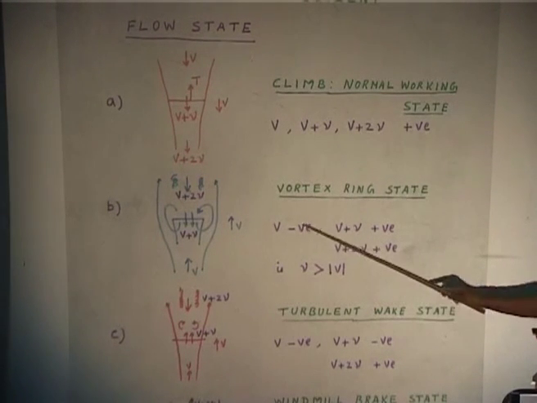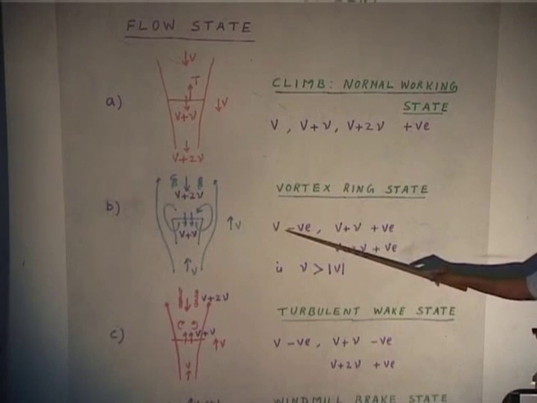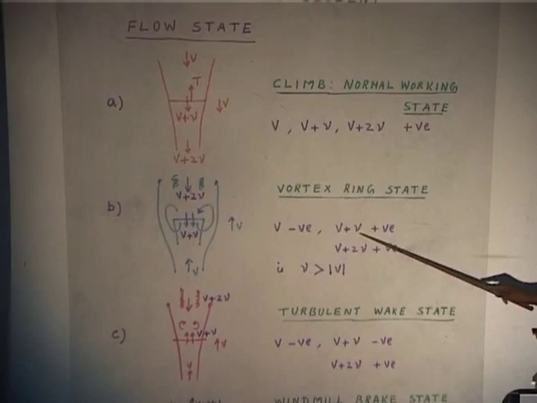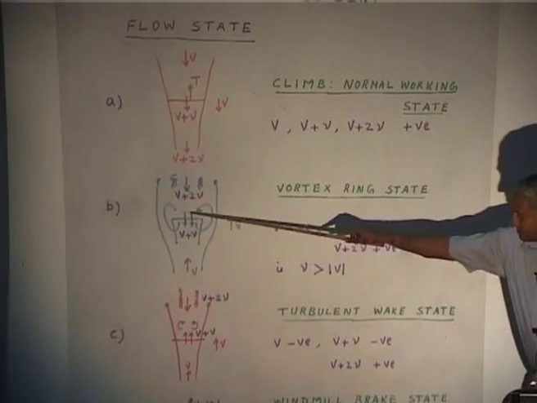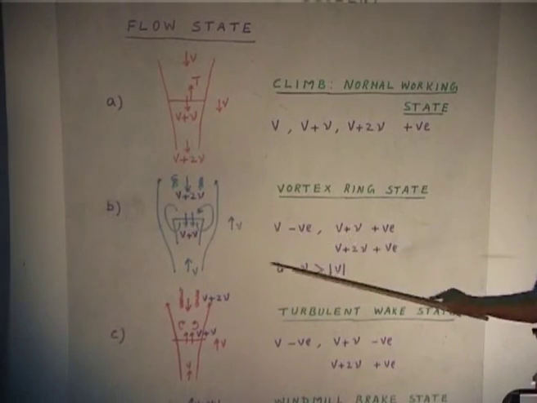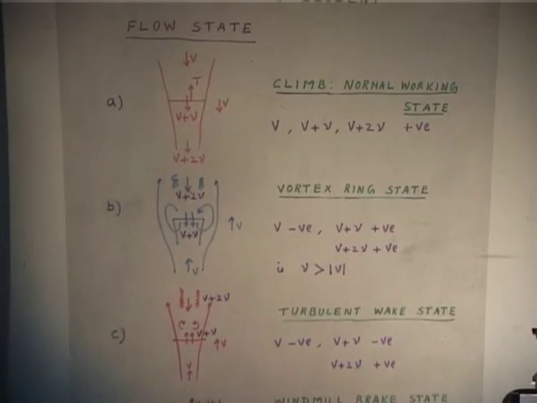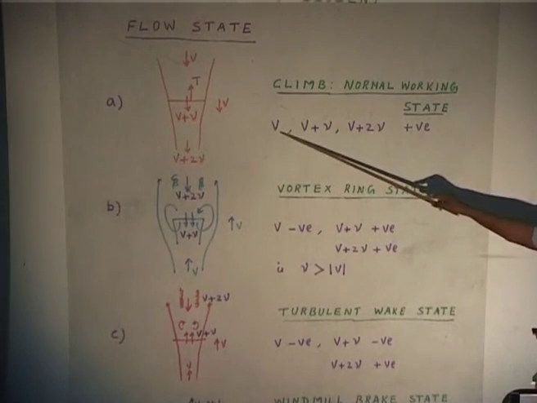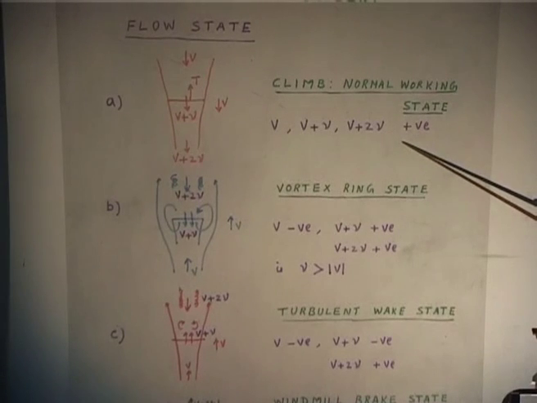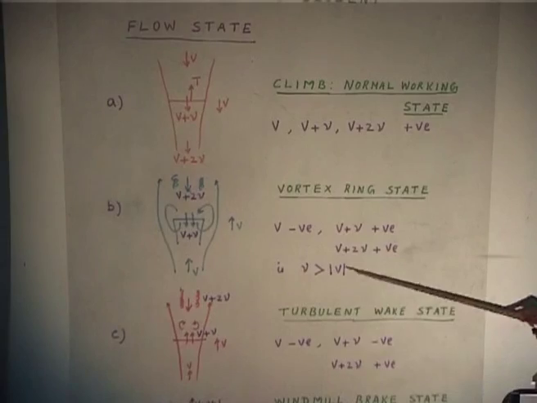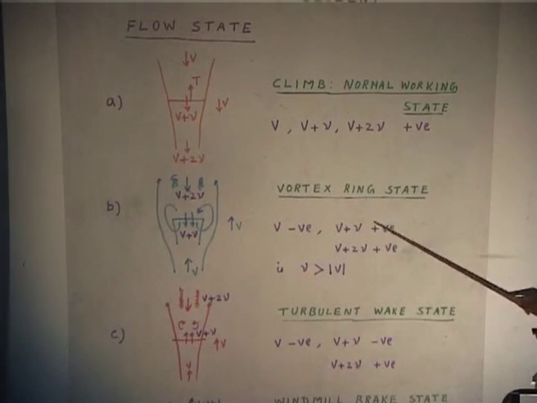But you see V is negative, negative in the sense because it is coming up, but V plus nu is positive, down, V plus 2 nu is also positive, which is down. Whereas here all the quantities are positive, everything is down. Here one is up, other 2 are down.